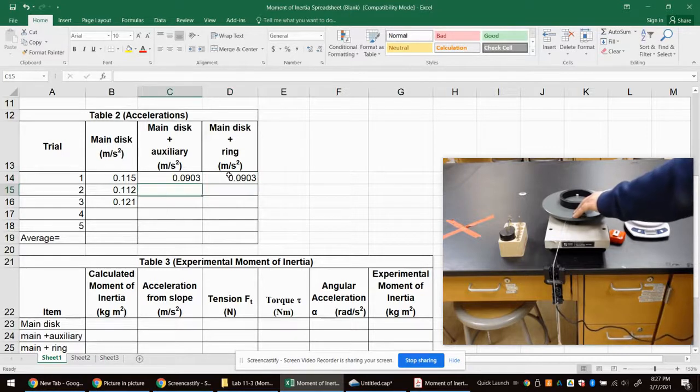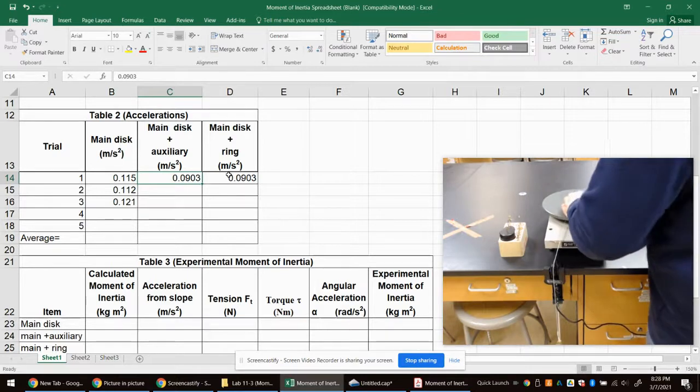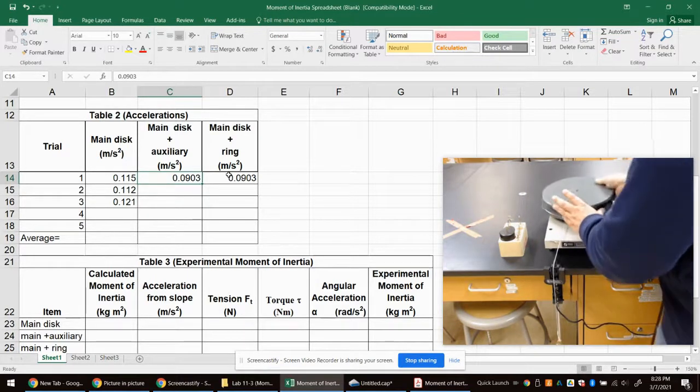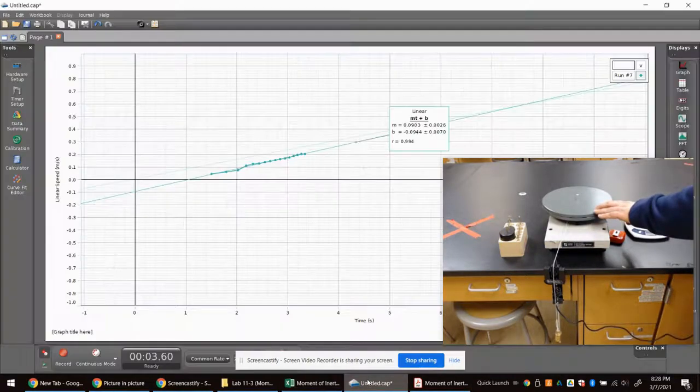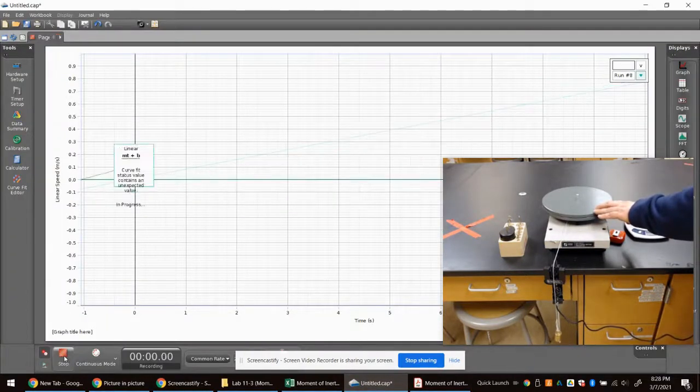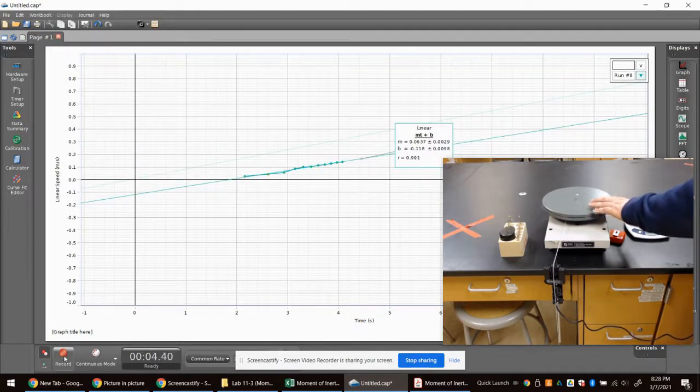And then for the main disk, we just place the main disk on top. Again, I'm going to give you a full set of data so you don't have to watch every one of these measurements be taken. So here we go. 0.0637.